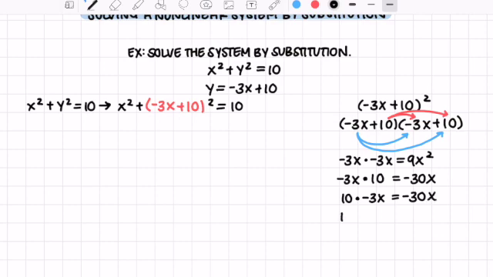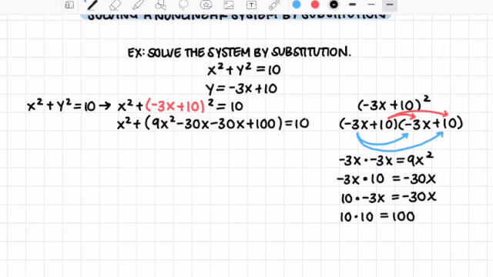And 10 times 10 equals 100. So now I'm just going to write that down in my expression here. x to the power 2 plus, and my FOILed out expression is 9x squared minus 30x plus 100, equaling 10.